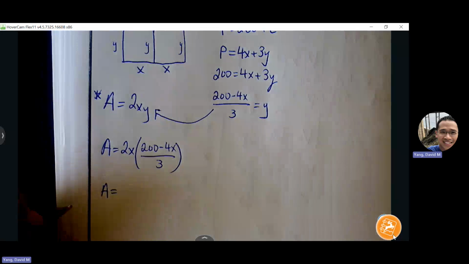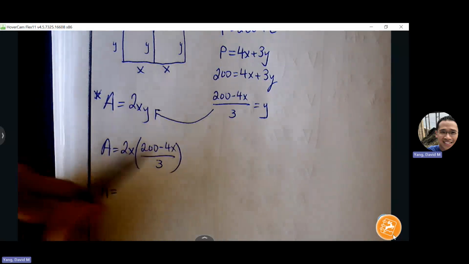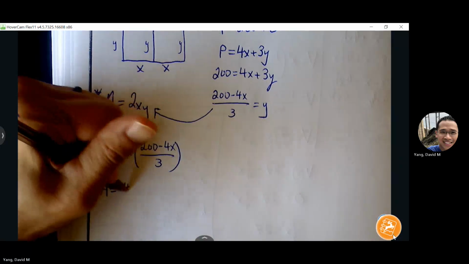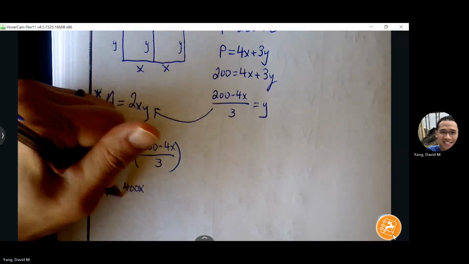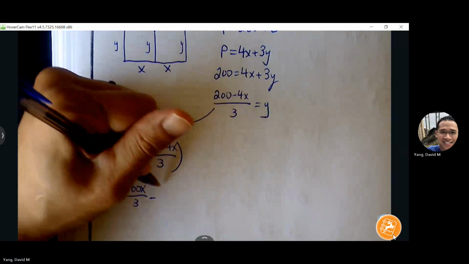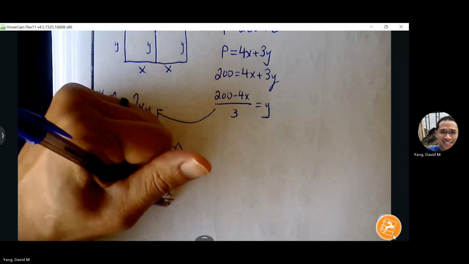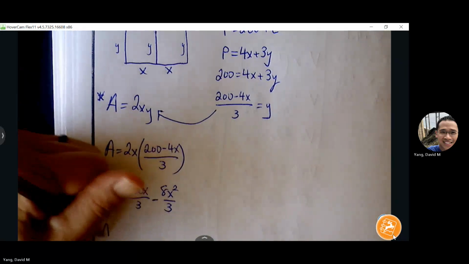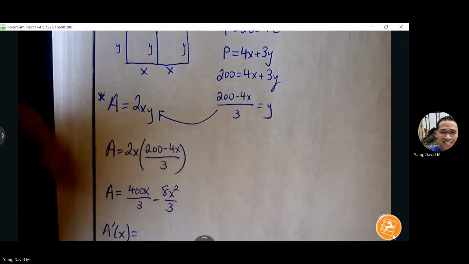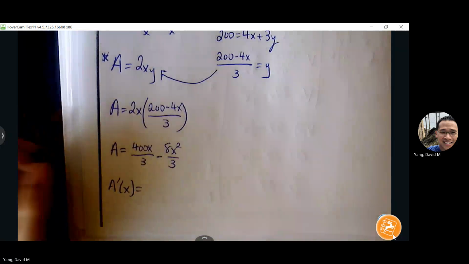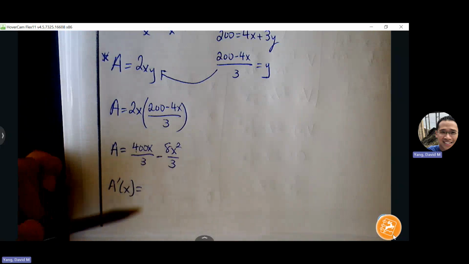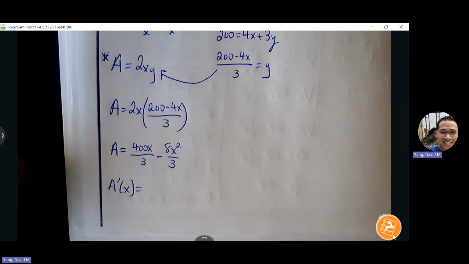Okay, clean everything up. We should only rely on power rule here. There's no need for anything messier than that. Okay, once your area equation is down to one variable, clean it up, find the derivative, solve for x, set A prime equal to 0.